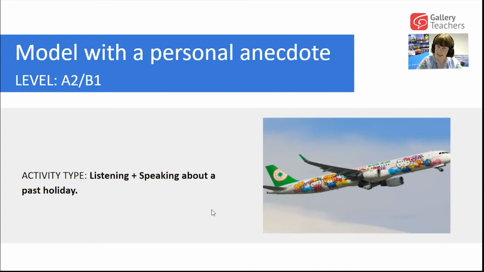And I then continued to tell more details about what happened using a lot of past simple sentences, how I felt when I got on the plane, who the other passengers were on the plane, what happened when we hit turbulence on the plane, what I thought when I was on the plane. And I continued with this story in detail.